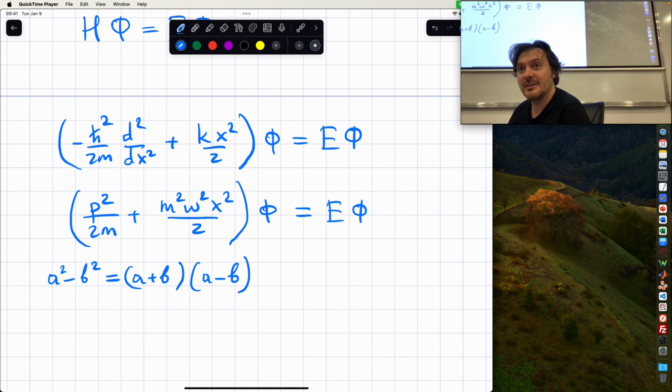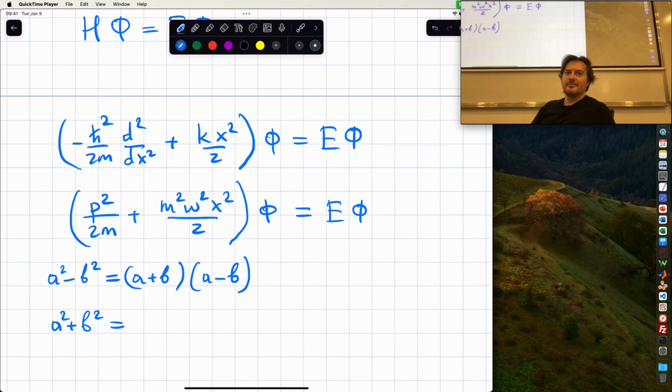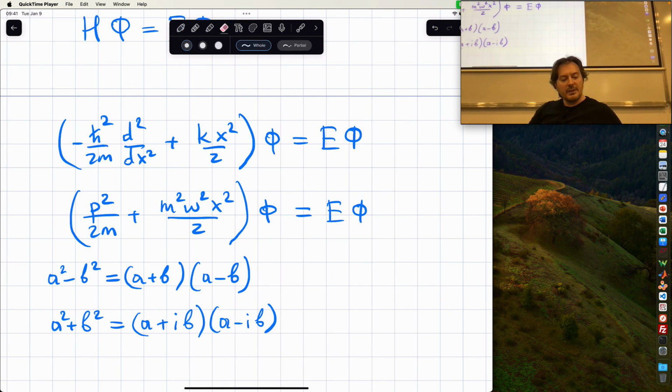What if you have a squared plus b squared? Very good. So you can go with a plus ib times a minus ib. That's the sort of thing that we are going to do here.